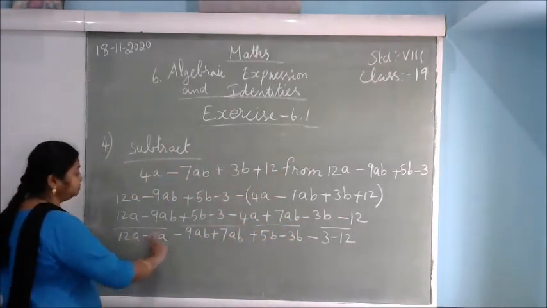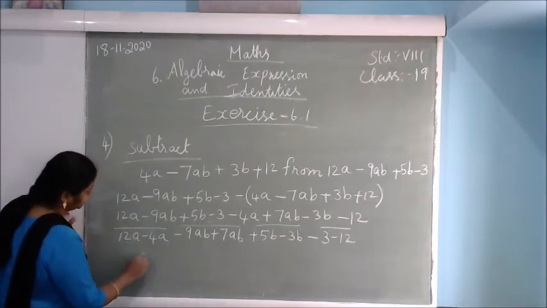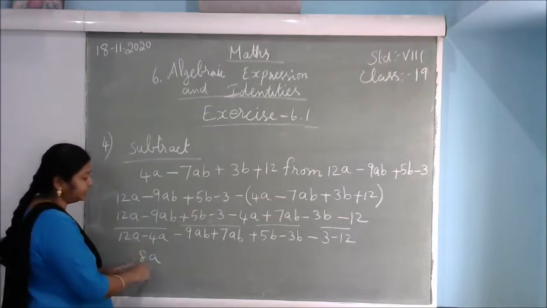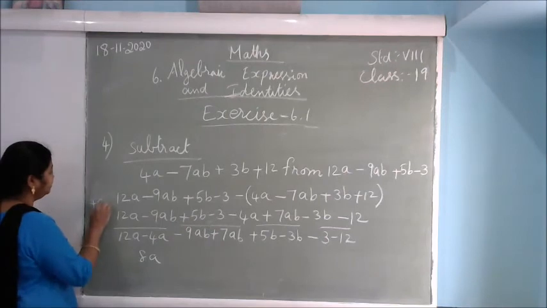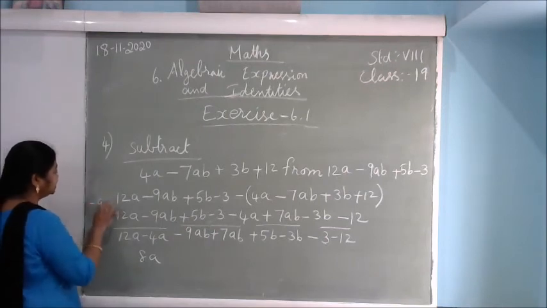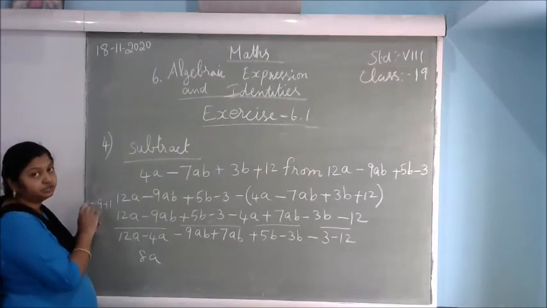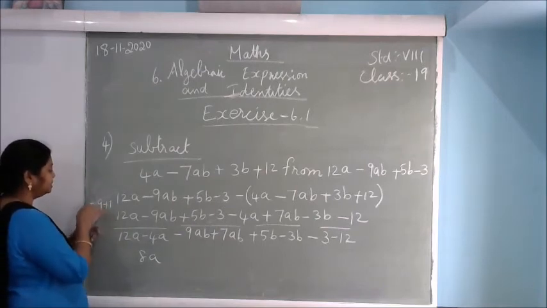Now you have to separate the numbers. 12 minus 4 is how much? 8. So 8. Then minus 9 plus 7. Which one has the greater sign? Using integers you have to simplify these numbers. Which is the greater number? 9. What is the sign of that?